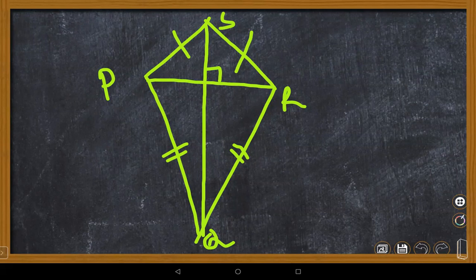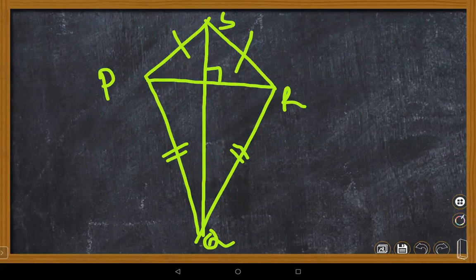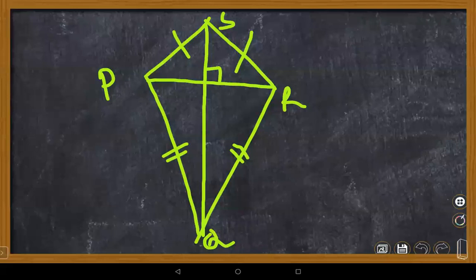Yes, ma'am. Adjacent sides here means PS and SR, consecutive sides, side by side. And in this question, how are they going to test? Let me take any questions there are this way.